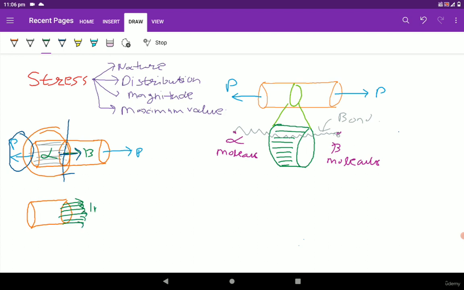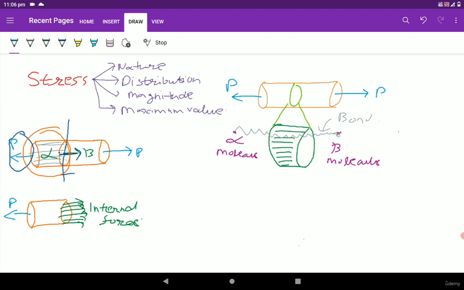So this is the internal force, and this is the load P. So this is the internal resistance which is offered by the beta molecule to oppose the movement of the alpha molecule in the direction of the applied load.